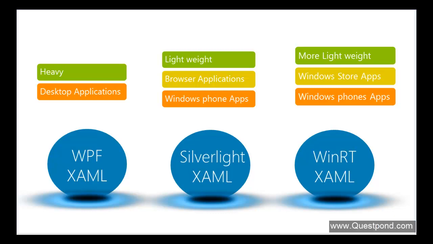Now in the coming versions, like Windows Phone 8.1, we have XAML which is based on Silverlight and also on WinRT. WinRT is the latest, more lightweight XAML, and it works for Windows Store apps as well as Windows Phone apps. In this video series, we are going to concentrate on Silverlight XAML as well as WinRT XAML, but we are not going to discuss WPF XAML and the basics of that.